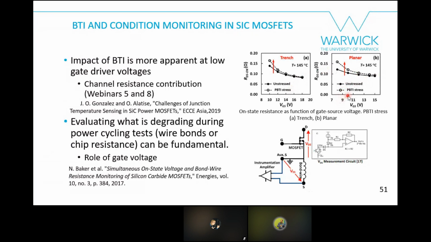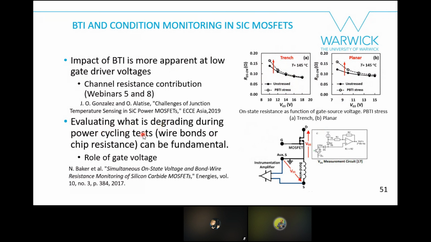This may be additional losses. But if you reduce your gate driver voltage, the impact of the threshold voltage shift becomes more apparent. With low voltages, you can see a big difference in the resistance.